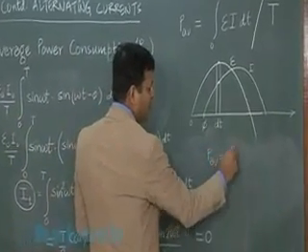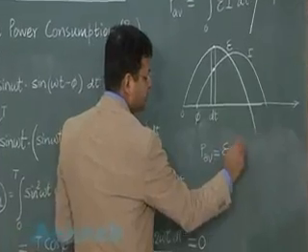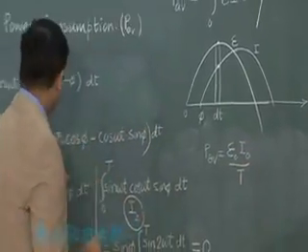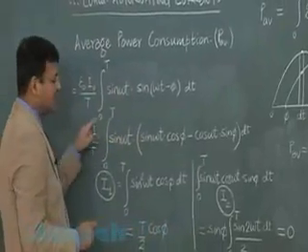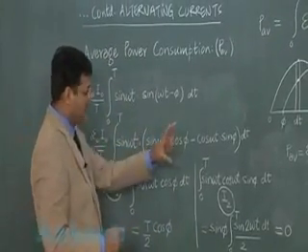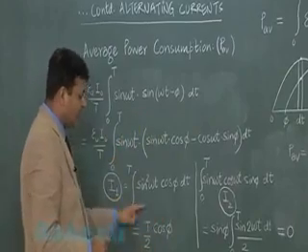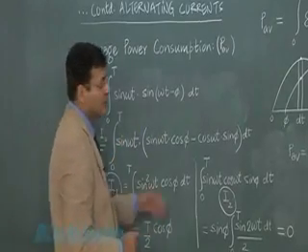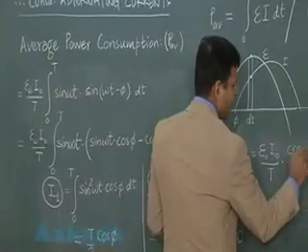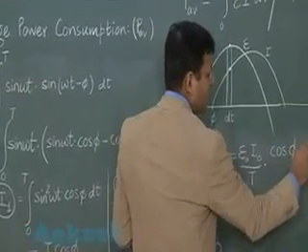Therefore, if you transfer this entire expression here for P average, then I must say that P average value came out to be E naught I naught upon T. This was the beginning part of the integration. You understand? And the total thing which you are seeing, that is simply cos phi into T by 2. So here I can substitute cos phi into T by 2.